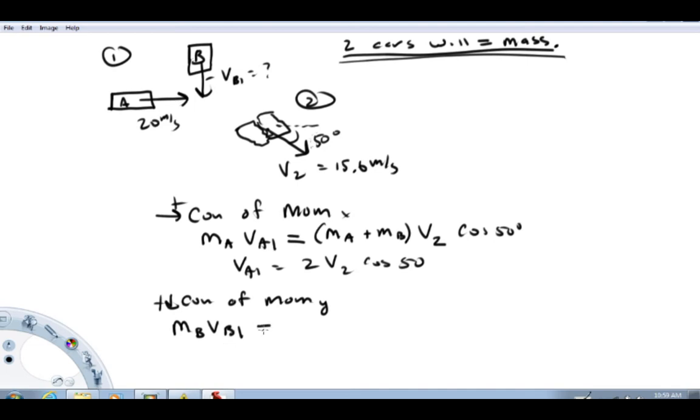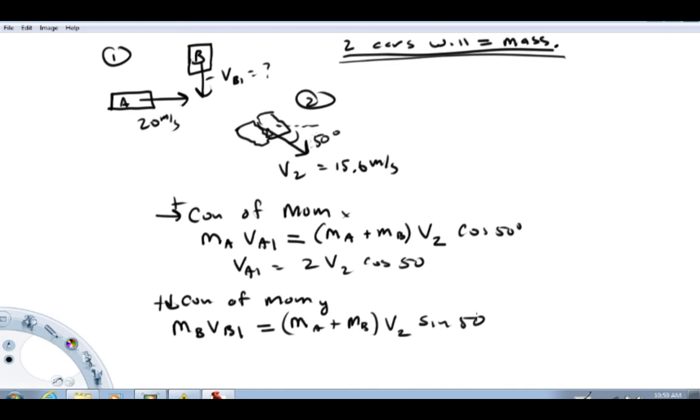That has to equal the y component of our momentum in picture 2. We've got a velocity of V2, and the momentum vector is the mass of the system, the sum of the two since they're stuck together, times V2, the magnitude of the momentum vector, times sine 50.